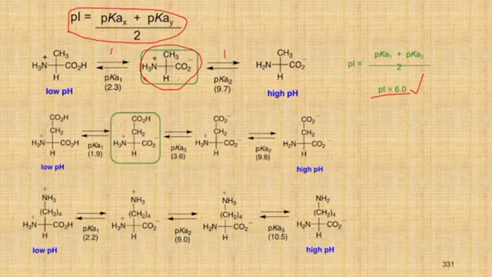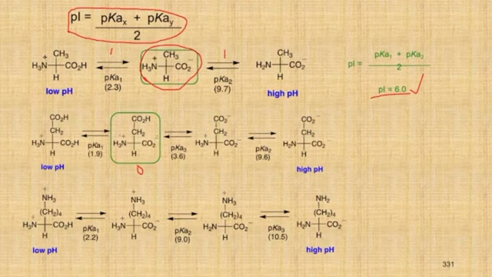Here is our pI. As we can see, this is a negative charge here, and here is our positive charge, and summing them will have a net charge of 0. Take note of the progressive nature of the charges. Now let me say regressive.